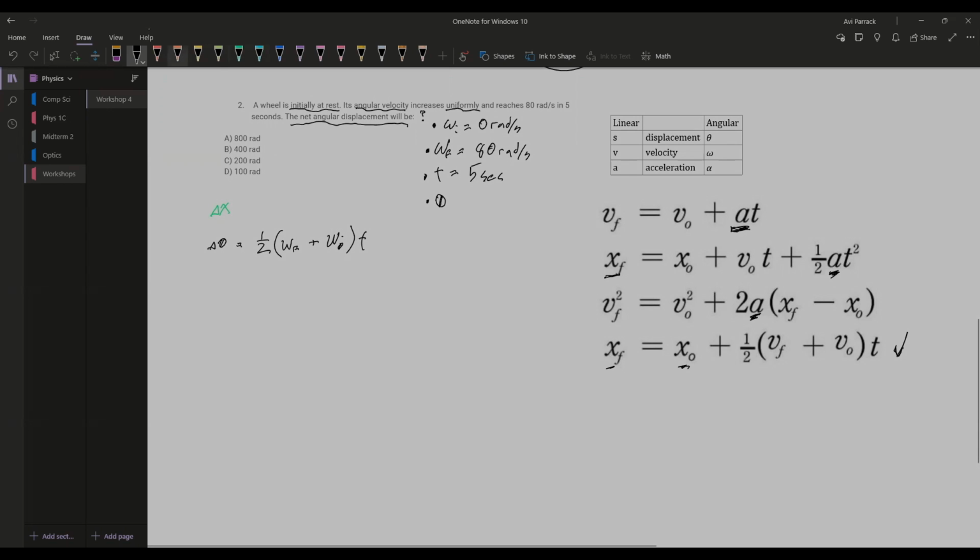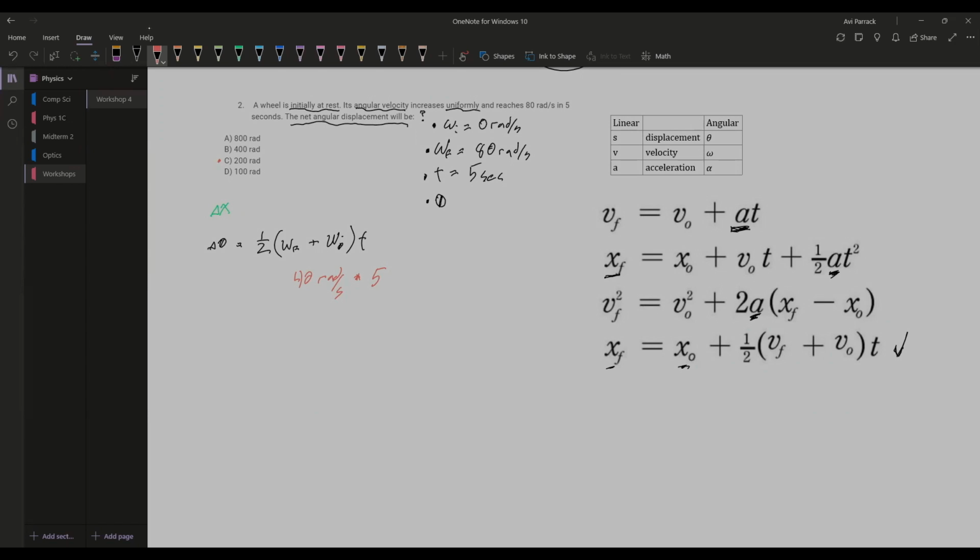Okay, and if we plug in numbers to this real quick, I don't even think we need a calculator. This was 80 radians per second. This was 0. 1/2 of 80 plus 0 is 40 radians per second, multiplied by 5 seconds. 40 times 5 is what? 200.